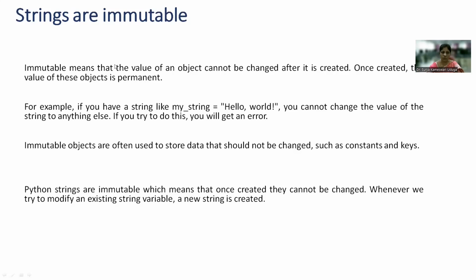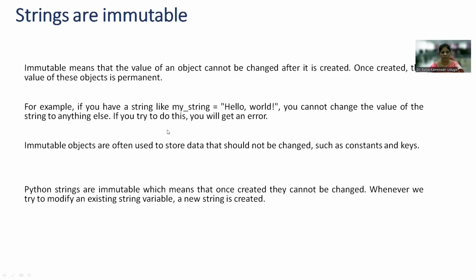Immutable means that the value of an object cannot be changed after it is created. So we can say that it becomes a constant. Now, strings are immutable, which means that we cannot change the value of the string.